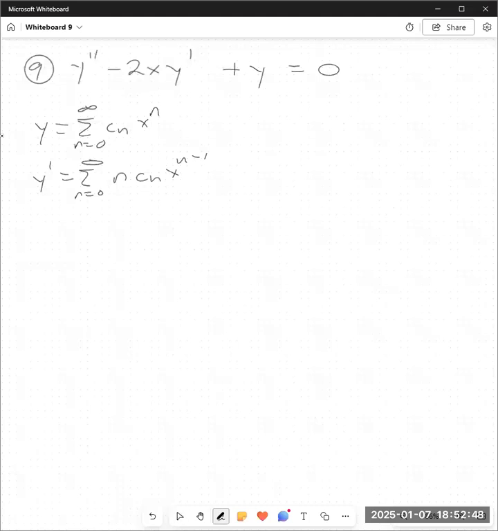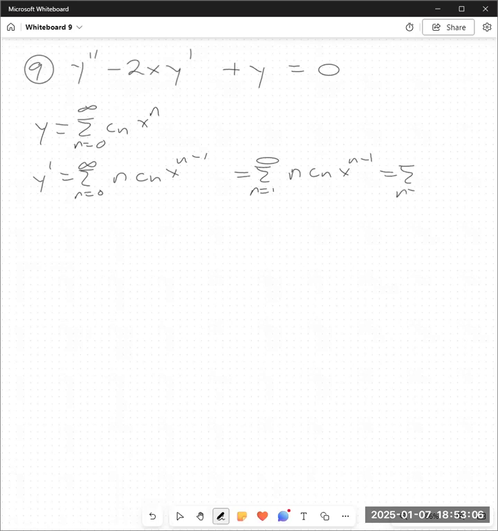And I was tempted to leave that. And this is going to be equal to n equals 1 to infinity. Yeah, I'll just leave it. It's not going to cooperate.